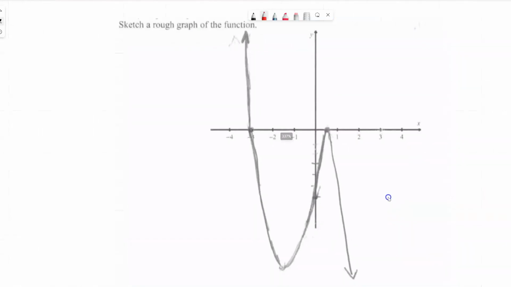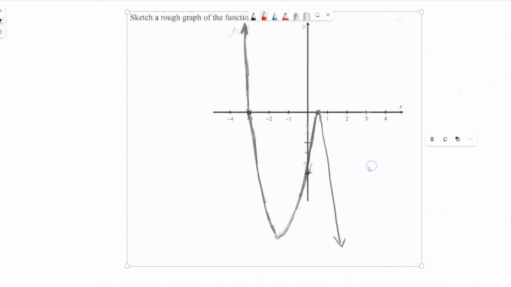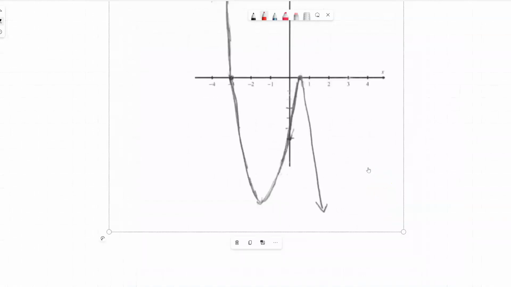Very nice looking graph. The only issue here is, what is that? I can't tell. So clearly the distance between 1 and 2 and the distance between the tick marks on the y-axis are different. So I know the y scale is different from the x scale.